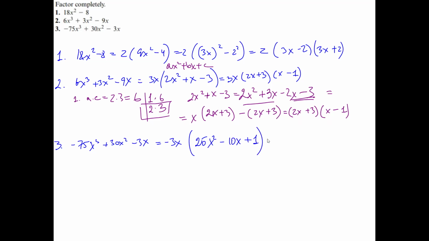Okay, so this can be written as 5x squared minus... plus 1 squared, and now minus 2 times 5x times 1. Is that 10x? Yes? So as a result, I will have minus 3x, 5x minus 1, squared.